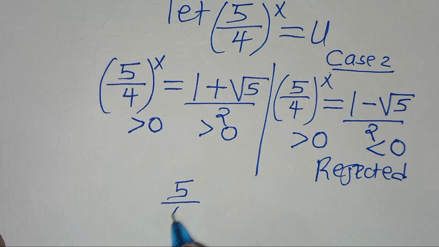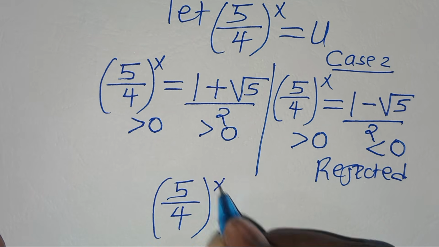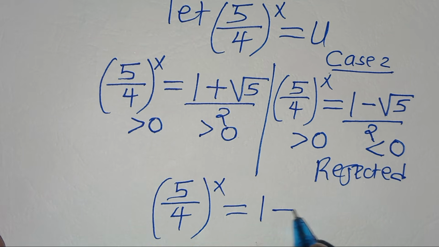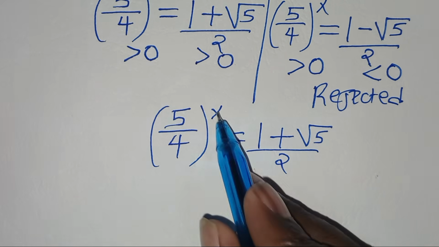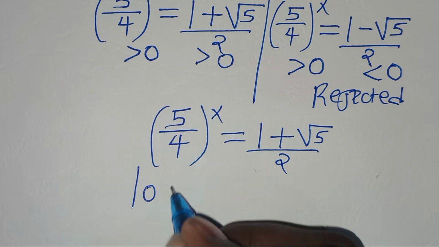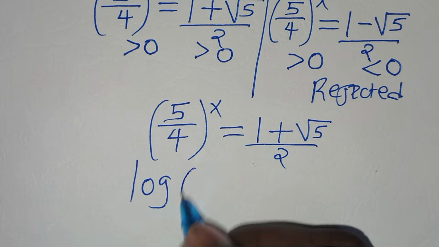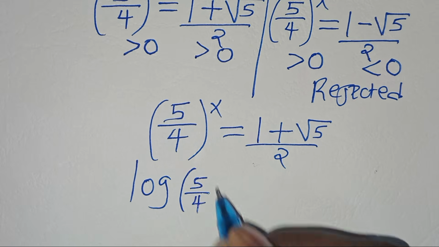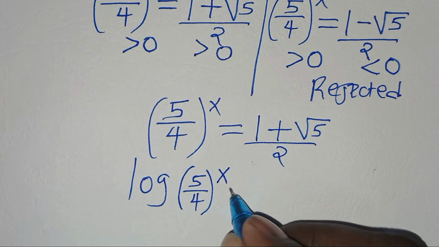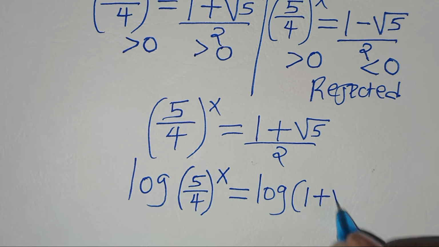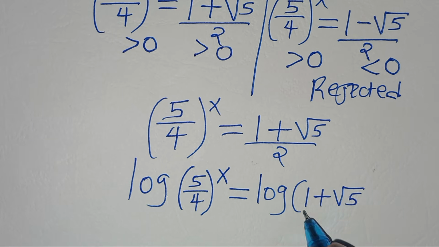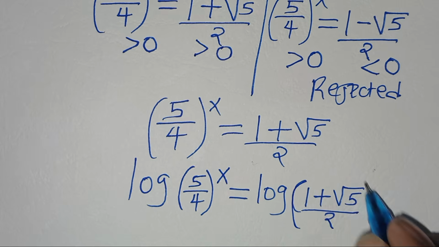(5/4)^x is equal to (1 plus root 5) over 2. To solve for the value of x, let's introduce logarithm on both sides. We have log of (5/4)^x equal to log of (1 plus root 5) divided by 2.